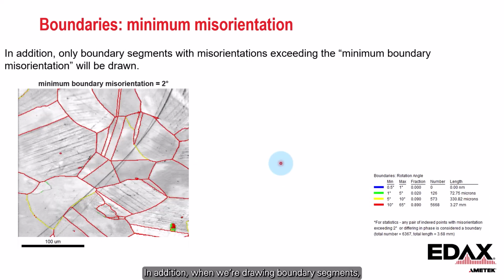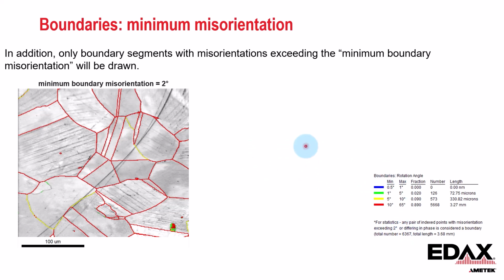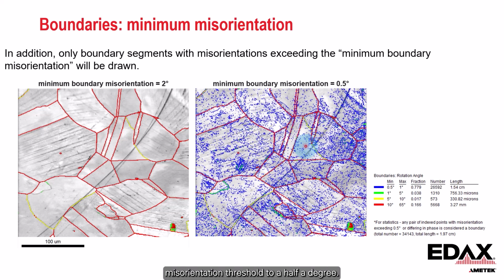In addition, when we're drawing boundary segments, even if we have a range that we've defined manually below this threshold, the threshold will supersede that and will only draw boundary segments that exceed the minimum boundary misorientation, as shown here. So if you try to do this and you don't see the boundaries you're trying to define, this is where you probably should look. This is setting the minimum boundary misorientation threshold to 1/2 degree, and then we start to see where those boundaries are located within the microstructure.